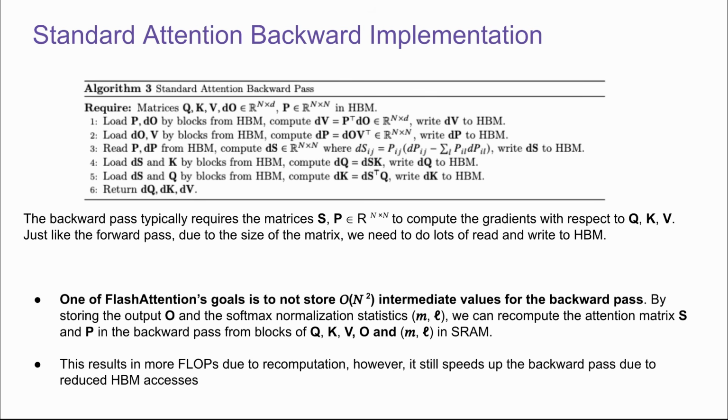So that's exactly what we're doing. By storing the output O and the softmax normalization statistics m and l, we can recompute the attention matrices S and P in the backward pass from blocks of Q, K, V, O, and m and l in SRAM. This results in more FLOPs due to recomputation. However, it still speeds up the backward pass due to the reduced HBM accesses.